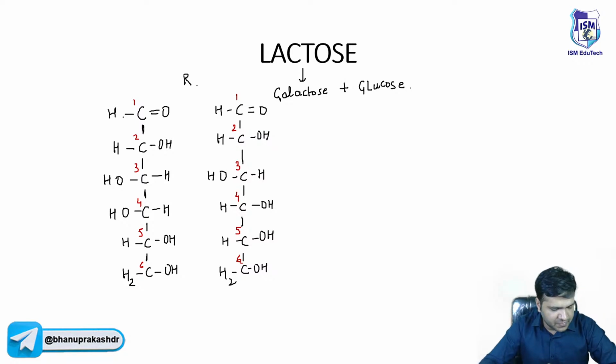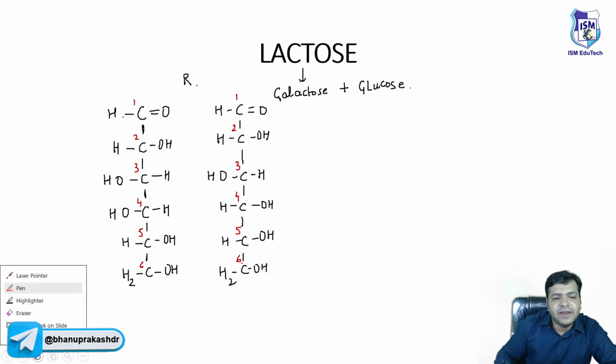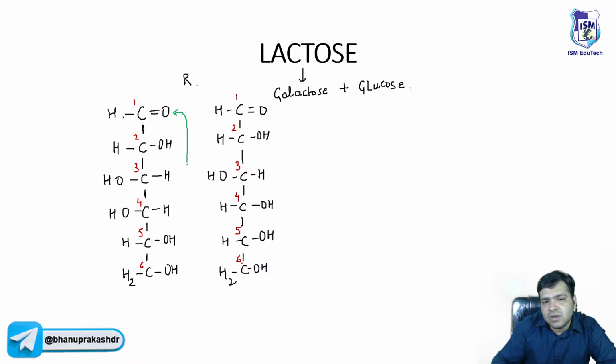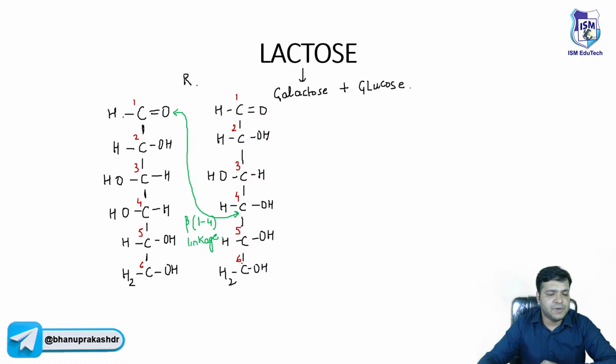Beta 1 to 4. You already know that we have the first carbon, it will react with the carbon of the fourth. So that is referred to as the beta 1 to 4 linkage.